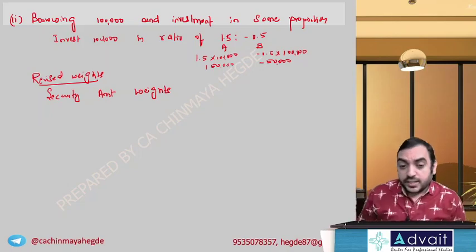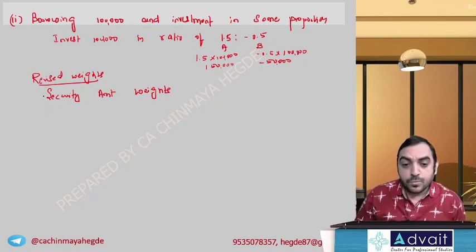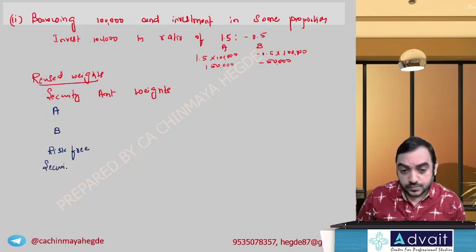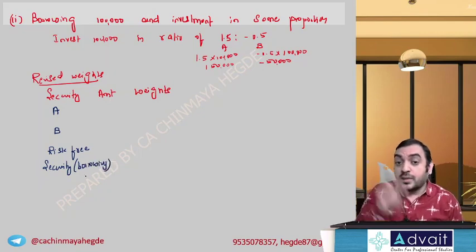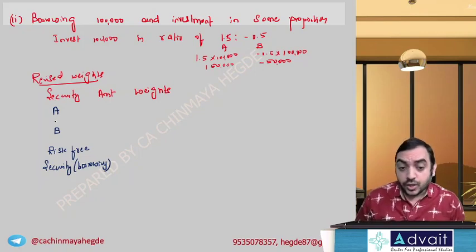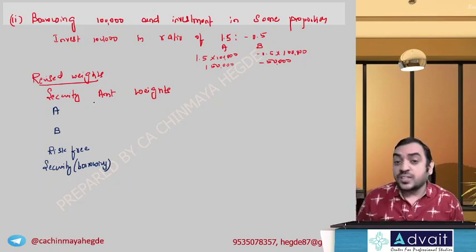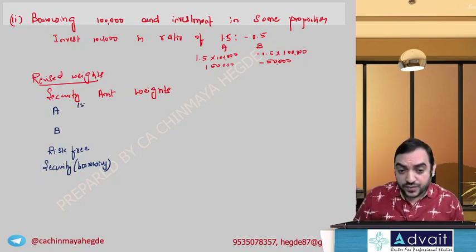Now, for securities we have security A, security B, and we also have a risk-free security now because you are borrowing. This is the borrowing in money, not the borrowing in shares. Now security A, how much amount? We had already invested 1,50,000, and 1,50,000 more, so that is going to be 3 lakh.